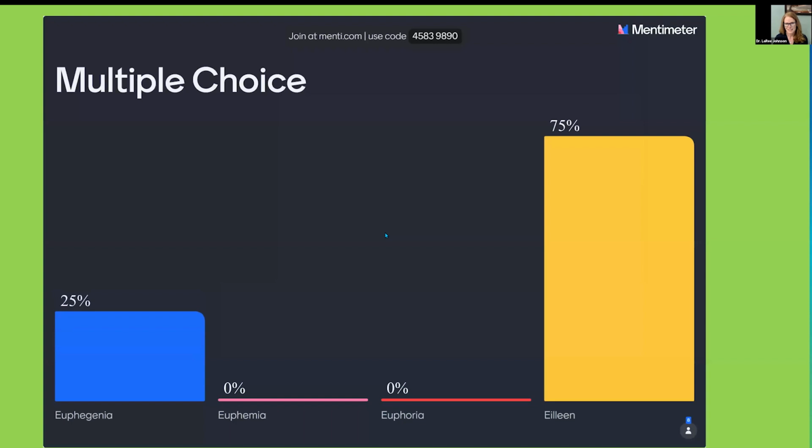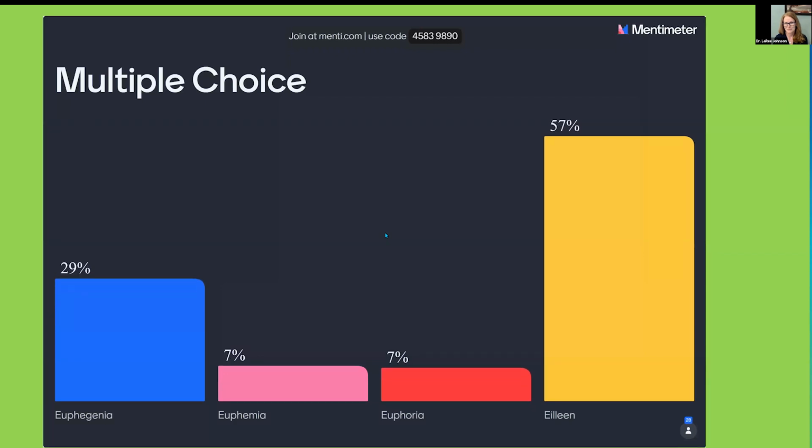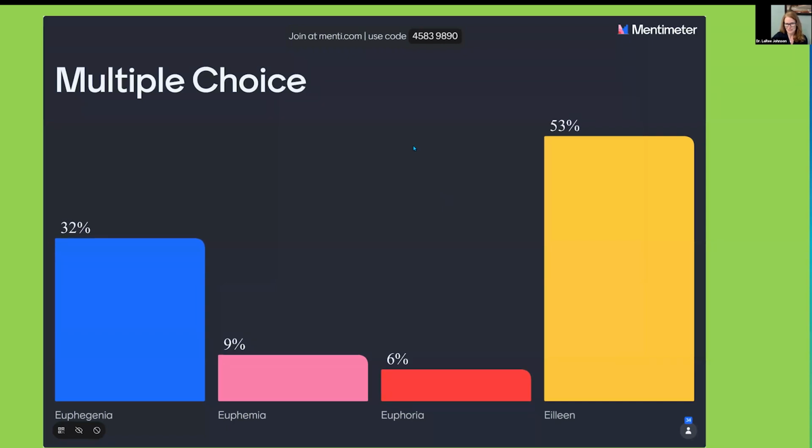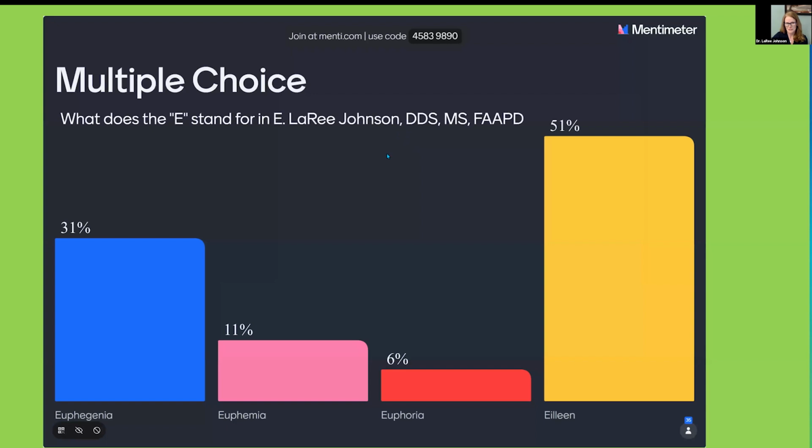This is pretty entertaining, I must say. Quite a few for Eileen. Okay. It's getting pretty close. So Euphigenia, for those of you that know the 1993 film Mrs. Doubtfire, happens to be Mrs. Doubtfire's first name, right?